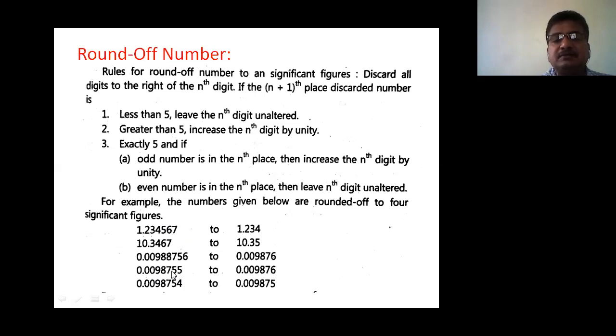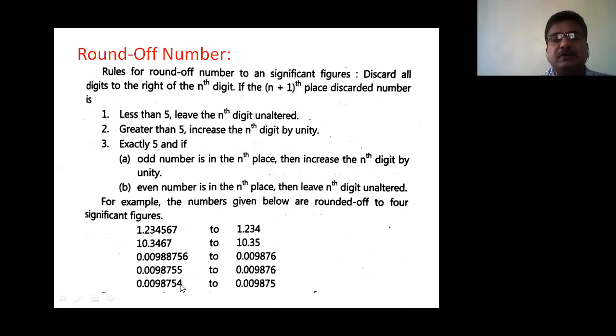So here the third case is applicable. Third case, 9876. So round up to 4 significant figures. And so we have to round this number up to 4 significant figures. That is 9875, and we have to remove this 4.